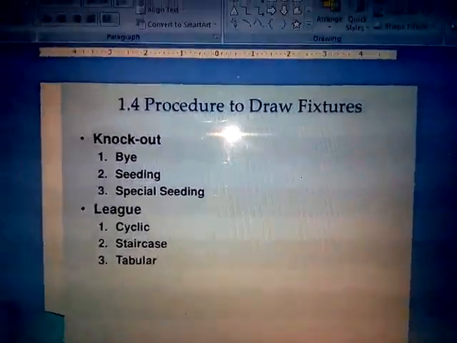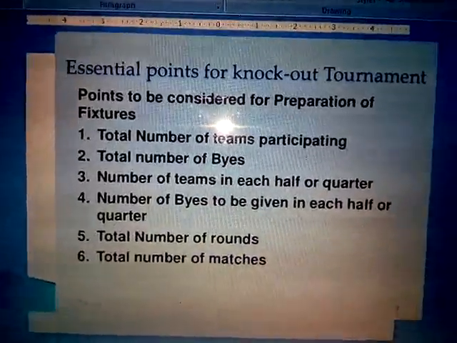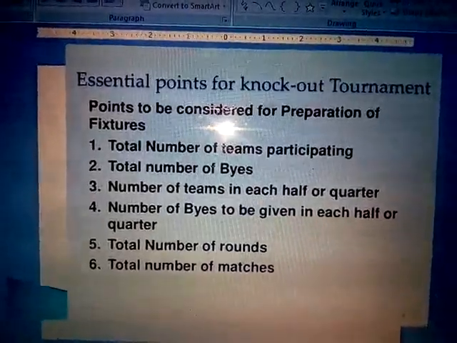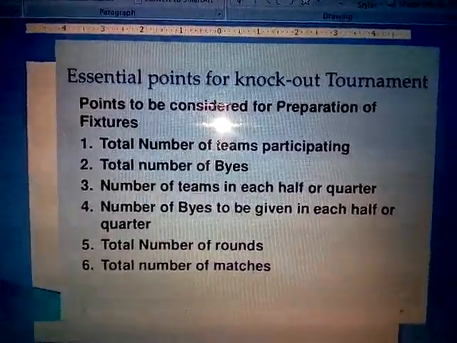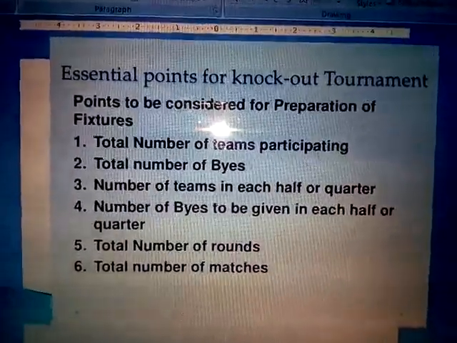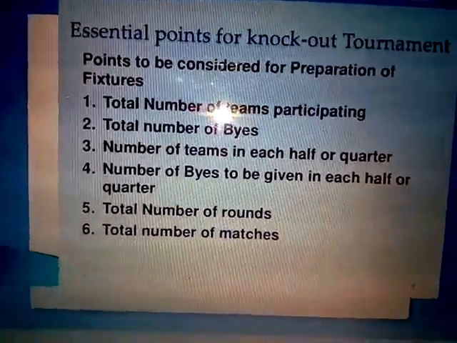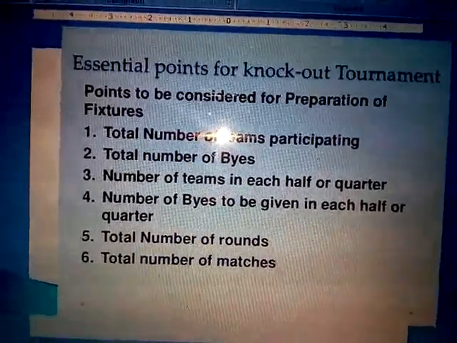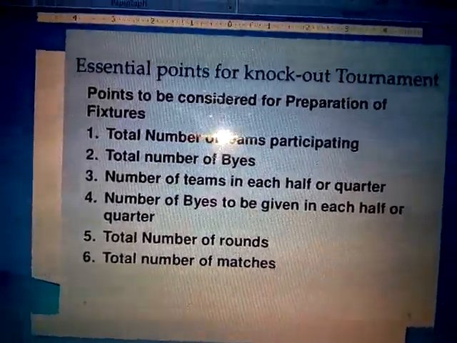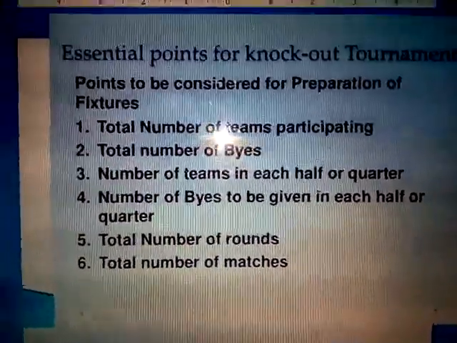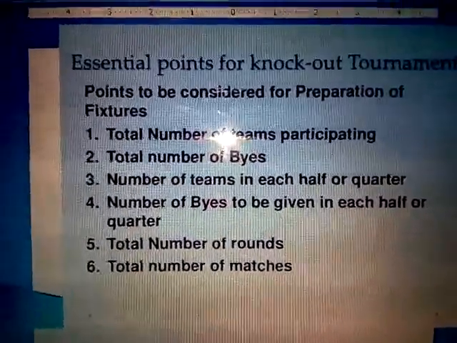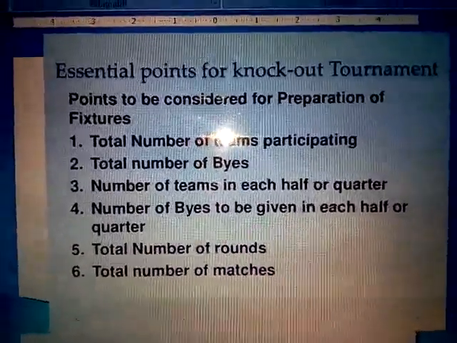In the next slide you can see the essential points for a knockout tournament, the points to be considered for the preparation of the fixtures. Before making any fixtures, we should keep the following points in mind. The first point is the total number of teams participating.